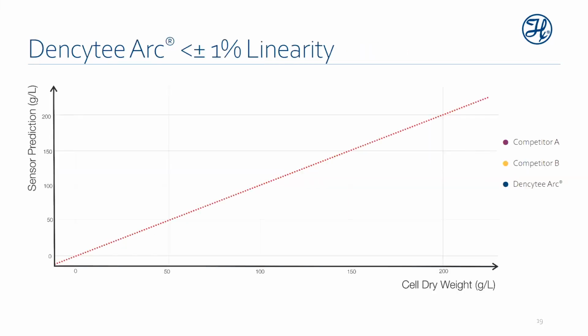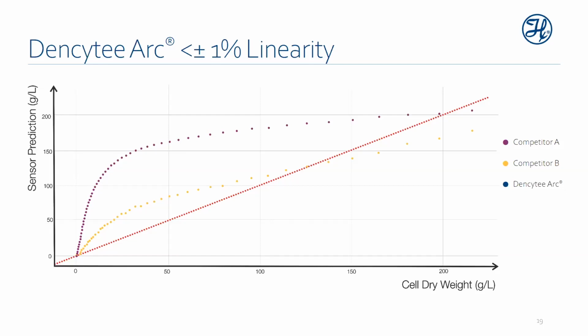And so what we have seen historically with transmission-based systems is that they perform very well at lower dry cell weights. However, as you start looking right here on the x-axis, as you start looking against really high cell density processes such as E. coli or large filamentous systems, you really start to get this saturation curve in terms of what the sensor can measure versus what the actual cell density dry cell weight is.